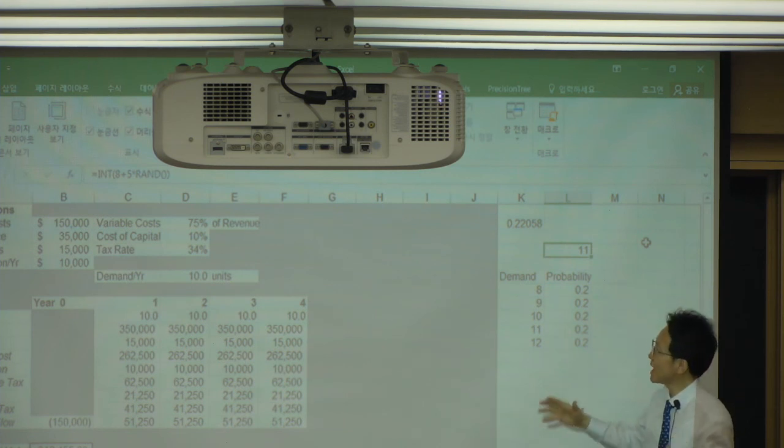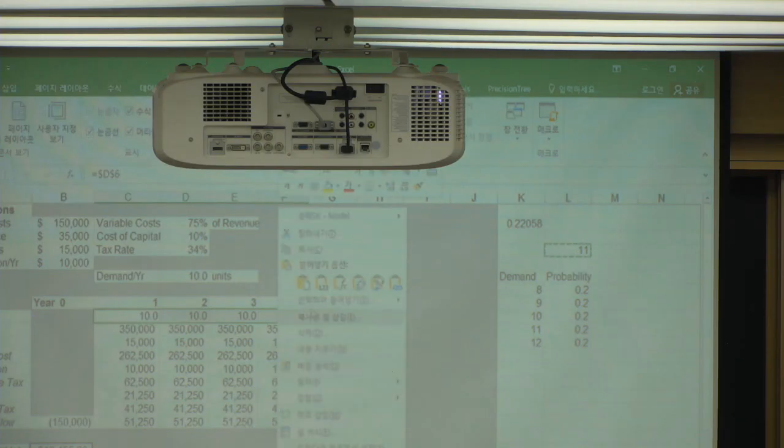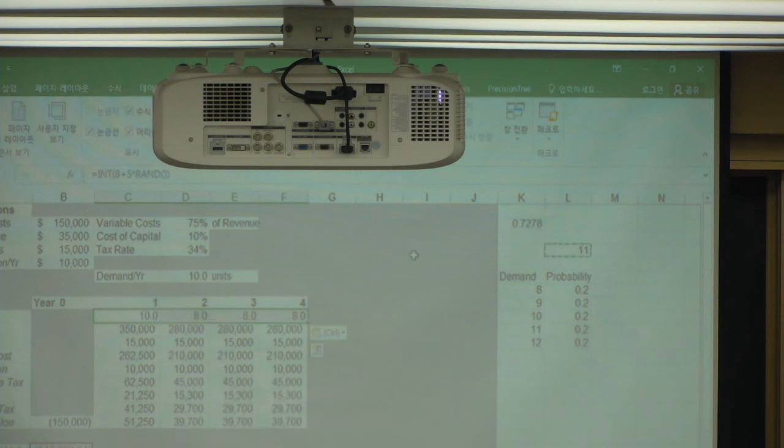So I can incorporate this whole thing into this demand function. Good. So now the demand is either 8, 9, 10, 11, or 12.